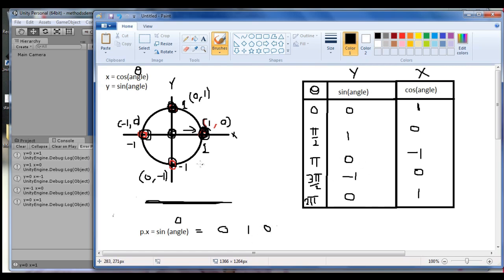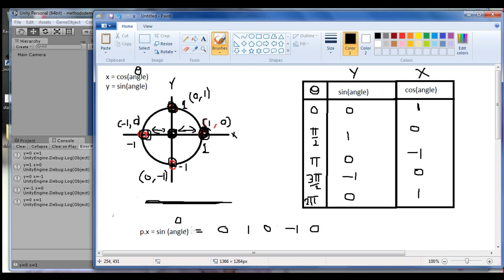You can see that the object will come back to this place, right? Then sine of 270. What is sine of 270? Minus 1. And you can see that the object will move to the left-hand side, right? And what is sine of 360 degrees? The value will be 0. You are applying that to x, okay? So the object will come back to this place, right?